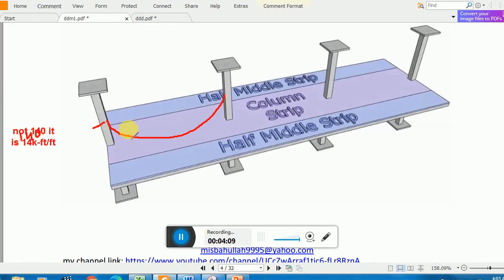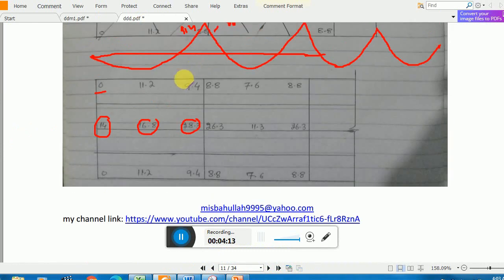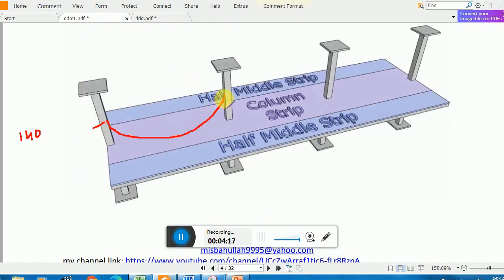Remember, the moment is 140, and here it is 140 and 28. Here it will be 28. Now at the edge, or at the corner of the half middle strip, the moment is 0, then it goes positive, then again negative. So this is a kind of representation. Here the moment is positive.